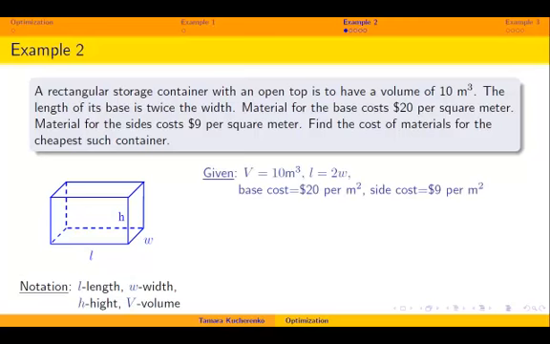We are given that the volume of the box V must be 10 cubic meters, and the length L equals 2 times the width W. Also, the cost of the base is $20 per square meter, and the cost of the sides is $9 per square meter. Our goal is to minimize the cost.